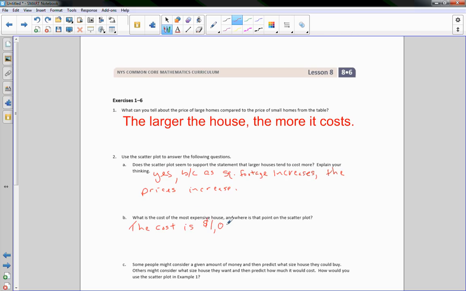And it says, where is that point on the scatter plot? Well, it's at the point something, comma, 1,050,000. That's my y value.